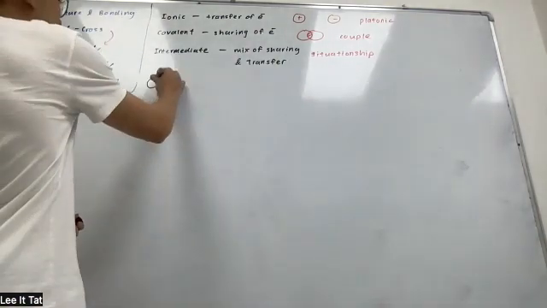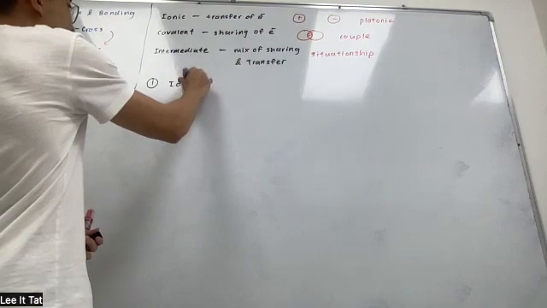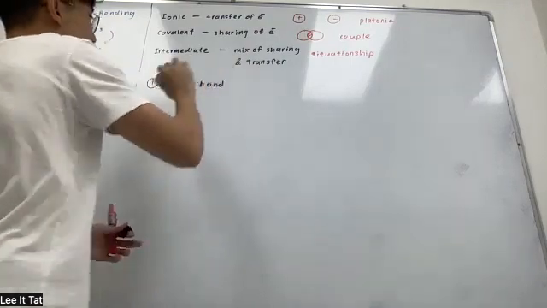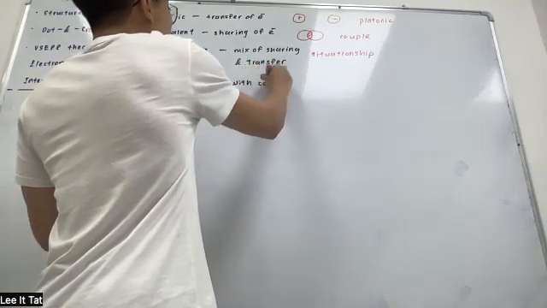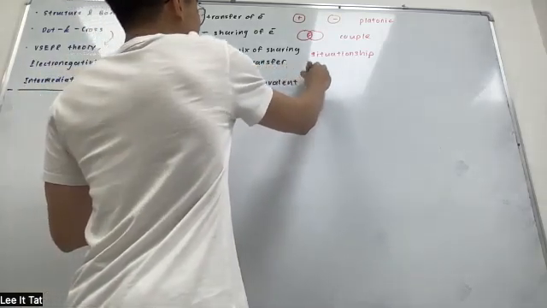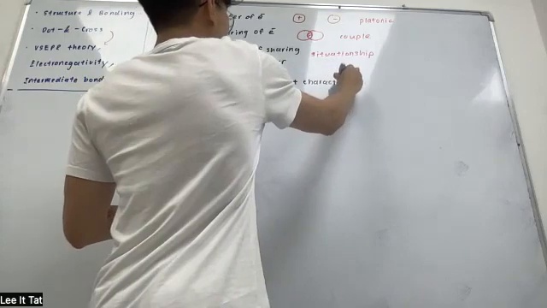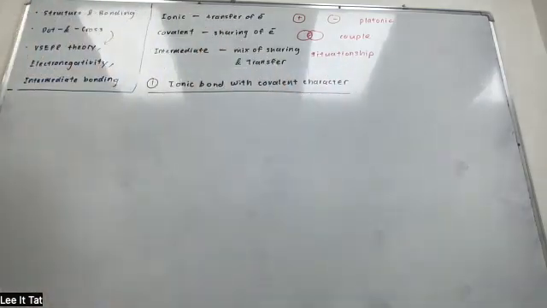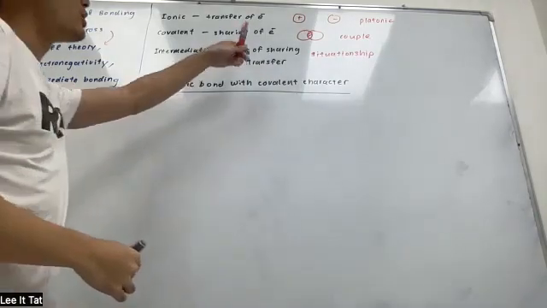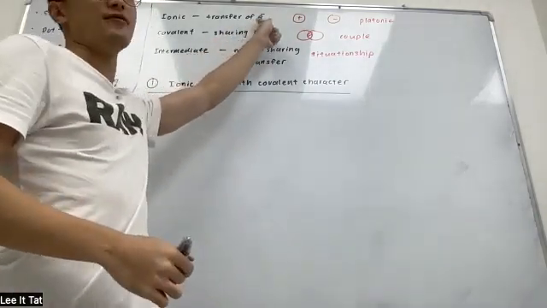Now guys, the first scenario where this can happen is this. Fundamentally, we have an ionic bond, but it has some covalent characteristics. Fundamentally, it is about transferring of electrons.